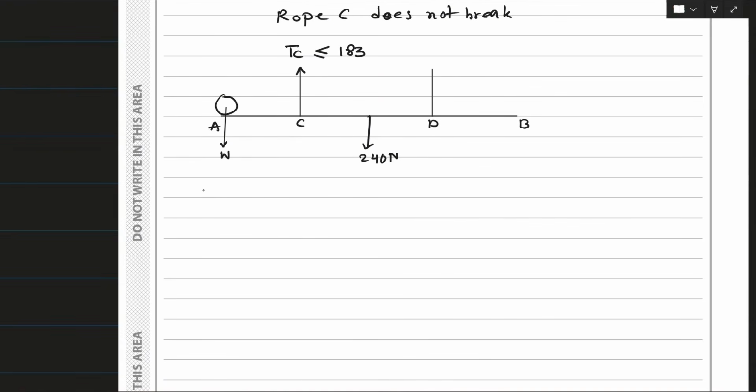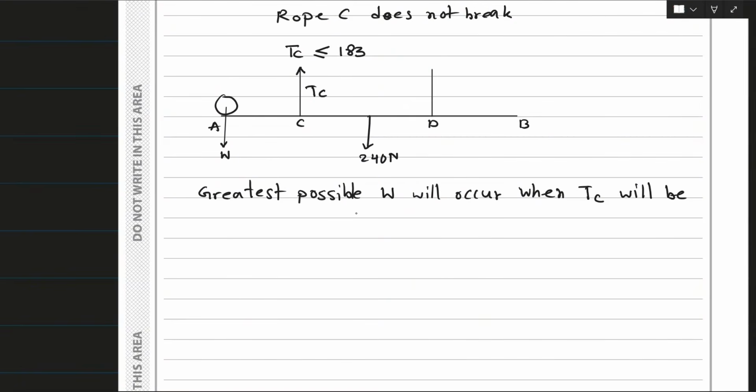So from this we can say that the greatest possible weight will occur when the tension at C, TC, the tension at the rope C, will be maximum.